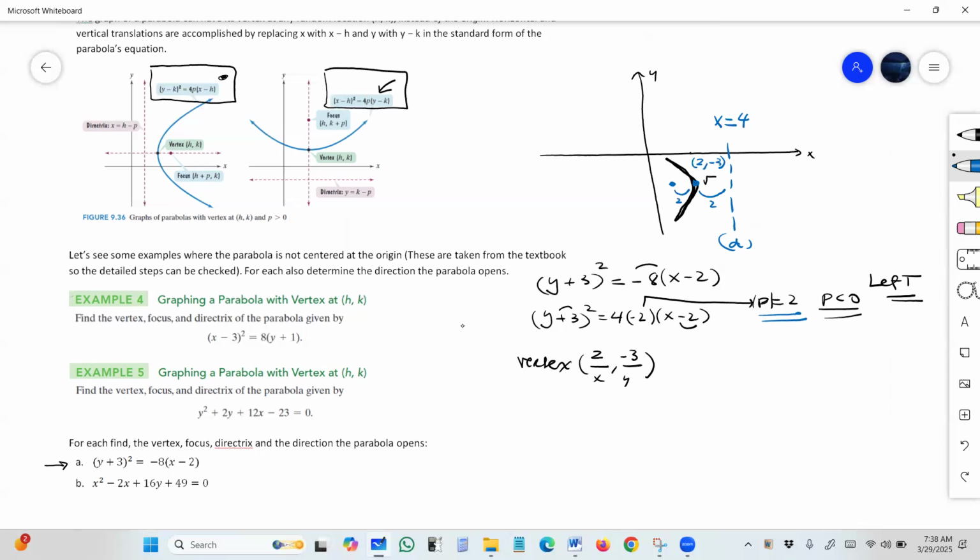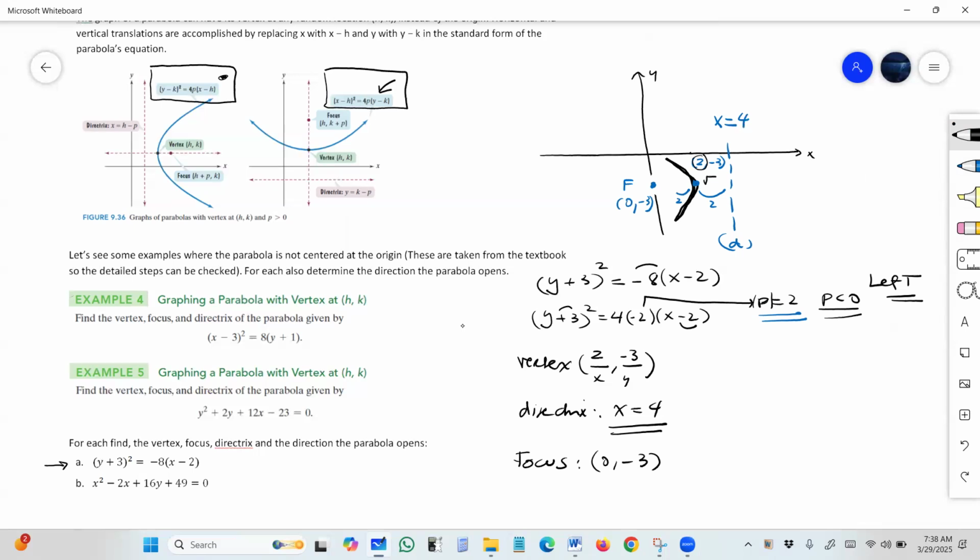So my directrix has equation x equals 4. Don't just write 4. You have to write the equation, which is x equals 4. And my focus is going to be 2 units to the left of this value. Obviously, that would be 2 minus 2, 0, right? So my picture is a little bit off. So the focus is going to be right here at 0, negative 3.